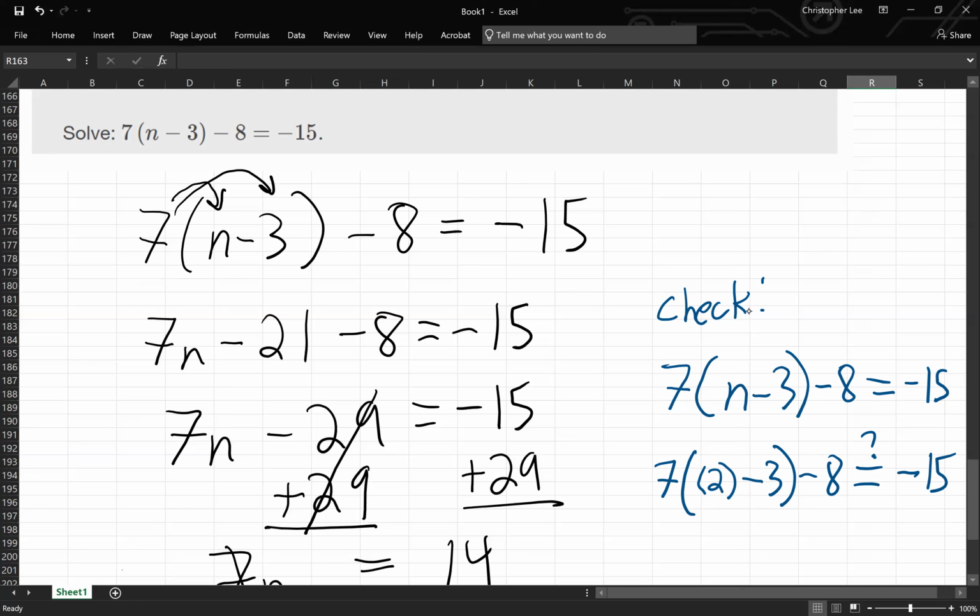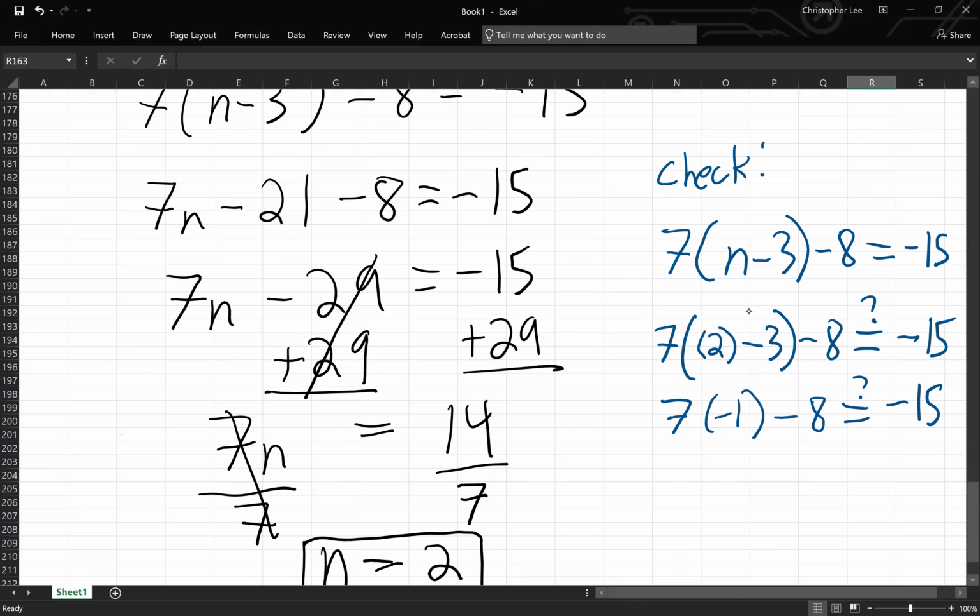What's 2 minus 3? Negative 1, right? So this becomes 7 times negative 1 minus 8, and allegedly that's equal to negative 15. I don't know if it is, but let's check it out. What's 7 times negative 1? Negative 7, right? So now I have negative 7 minus 8, and allegedly that's equal to negative 15.